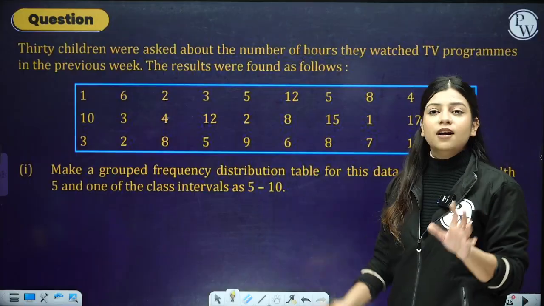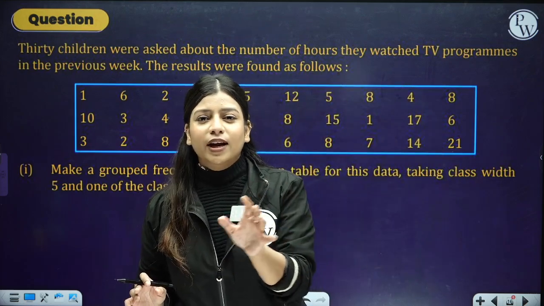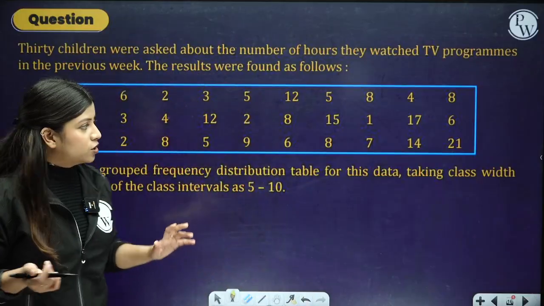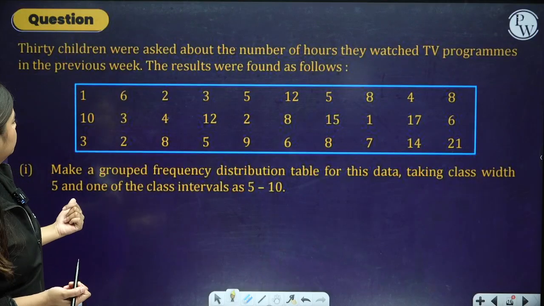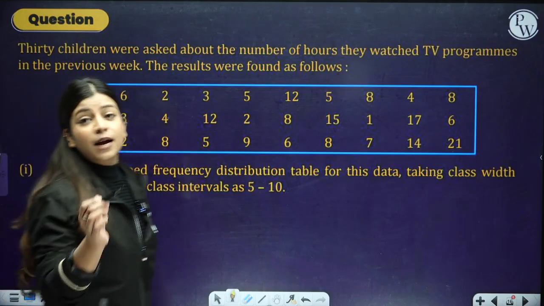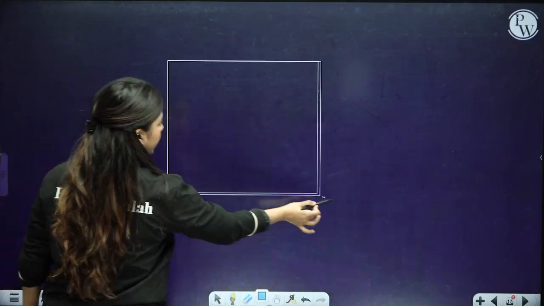First of all, we have to categorize. For that, we need to find the range. The highest number that can be seen here is 17 or 21, so we have to go up to 25.